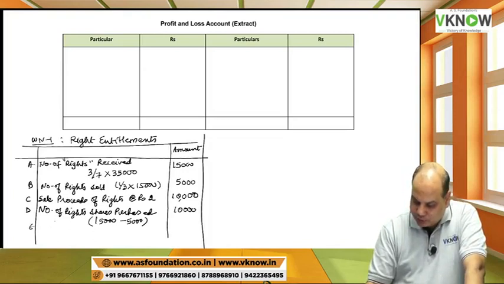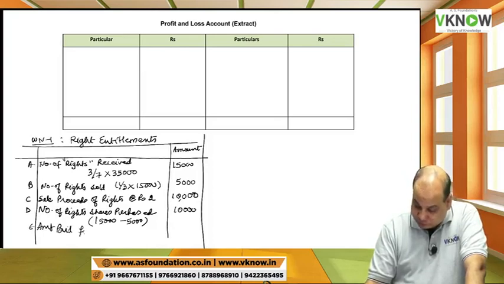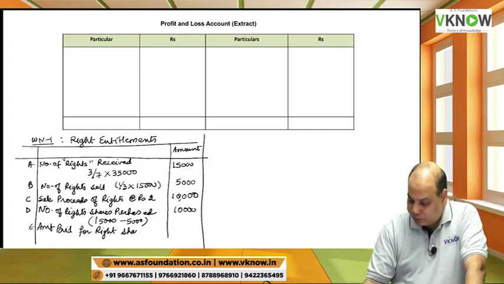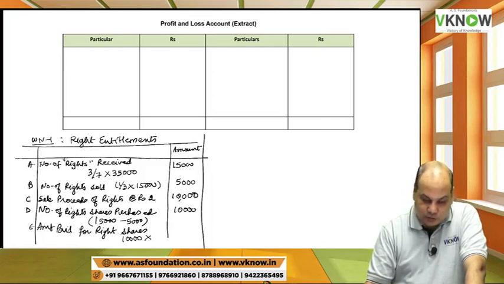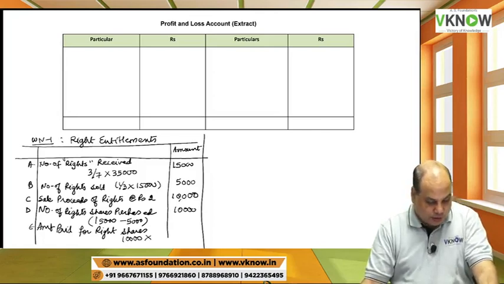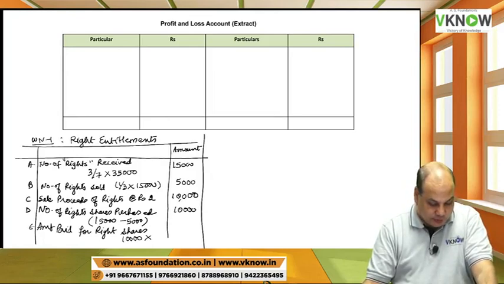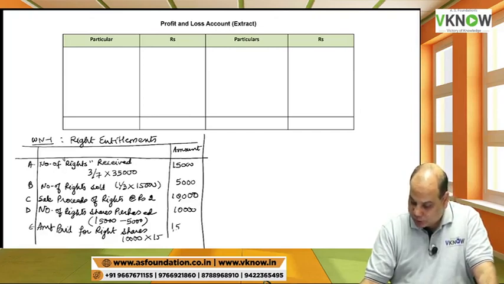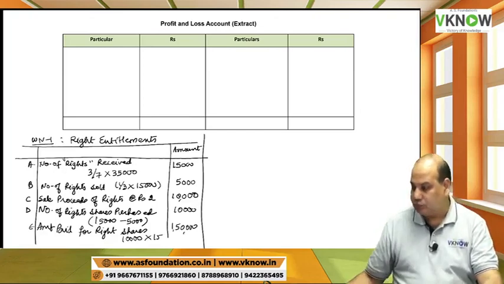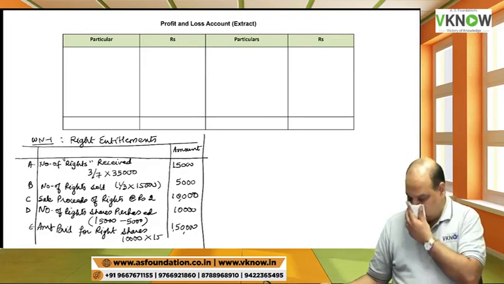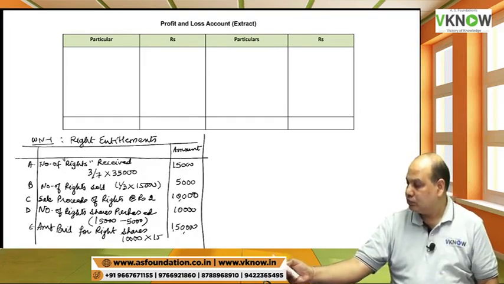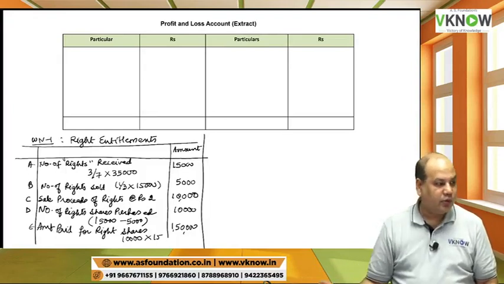And last line E, amount paid for right shares. 10,000 into what is the price for right share? Price for right share is 15 rupees. So 1,50,000. The price for right share is 1,50,000.